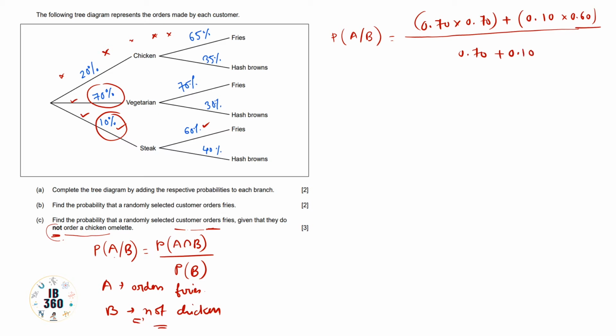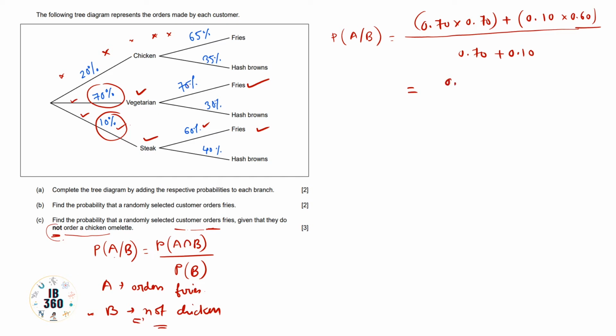B is the probability for those people who have not chosen any chicken dish. So only vegetarian and steak are there. So that's why 0.70 plus 0.10. And above, those have not chosen chicken and have chosen fries. So that's why 70 and 70, those give me fries, and 10 and 60, those give me fries. That's why multiplication is there, then also the OR operator.